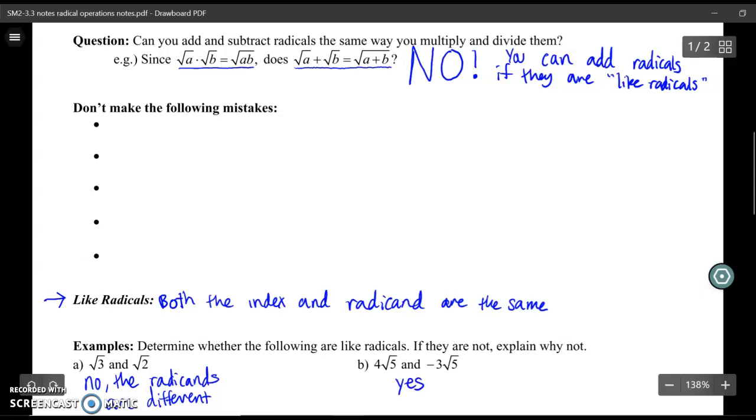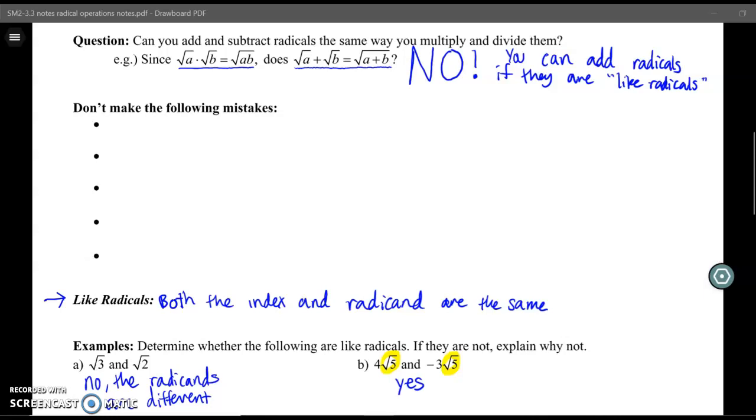Yes, because we look at the square root of 5 part. That square root of 5 has the same index because they're both square roots, and the same radicand because they're both 5s. So the 4 square roots of 5 and the negative 3 square roots of 5 would be like radicals.